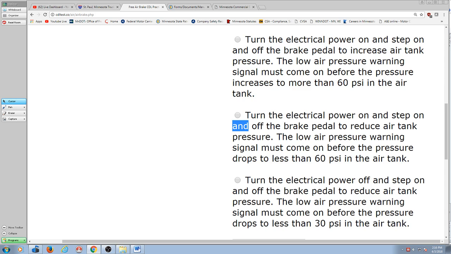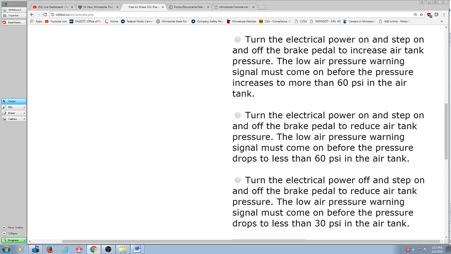The low air pressure warning signal must come on before the pressure drops to less than 60 psi in the air tank. Turn the electrical power off and step on and off the brake pedal to reduce the air tank pressure. The low air pressure warning signal must come on before the pressure drops to less than 30 psi in the air tank. Wow. Okay.